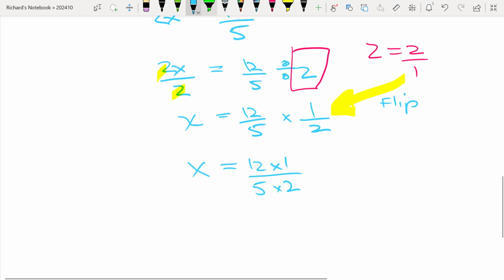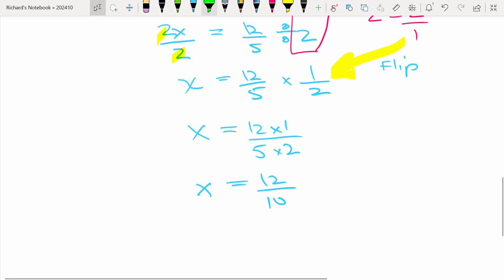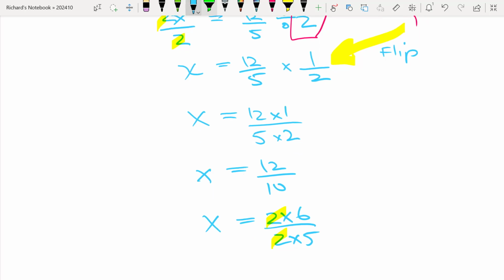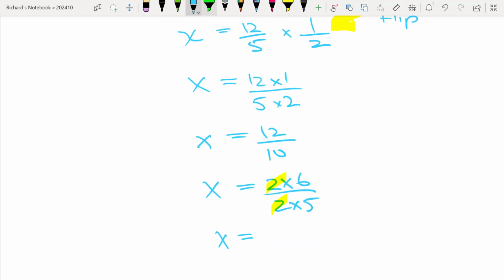So now, x equals 12 times 1 is 12, divided by 10. Well, that fraction can reduce because 12 is the same as 2 times 6. 10 is the same as 2 times 5. Once again, anything divided by itself is 1, so I can cancel out the 2's effectively. So what I'm left with is x equals 6/5.